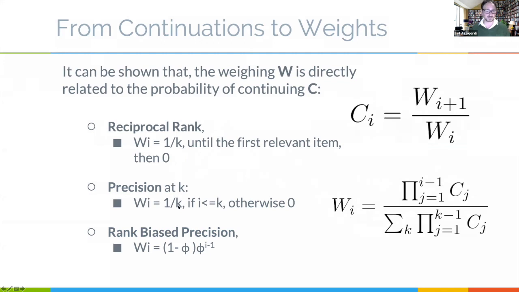For precision, it's the same until K. And for rank-biased precision, we get 1 minus theta, and then theta to the i minus 1, which is essentially theta to the power of the rank for each rank. And so we get these different weighting functions directly from the continuation function, and the continuation function is really just an instantiation of whether someone will continue or not, thus their user browsing model.